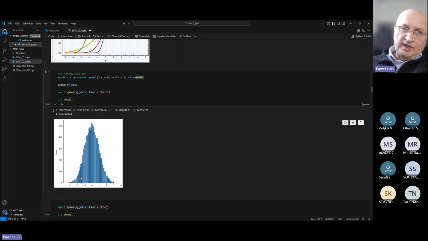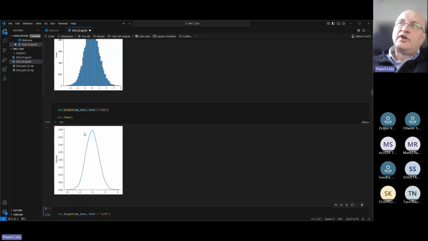Please look at this histogram once again. We see that here we have intervals. The length of every interval is the same, and we see that the probability of values belonging to these intervals which are close to the mu parameter is higher than the probabilities of belonging to these intervals which are far from this mu value.